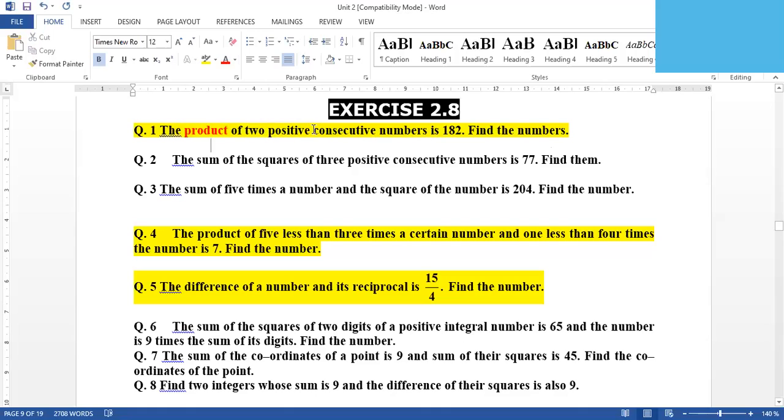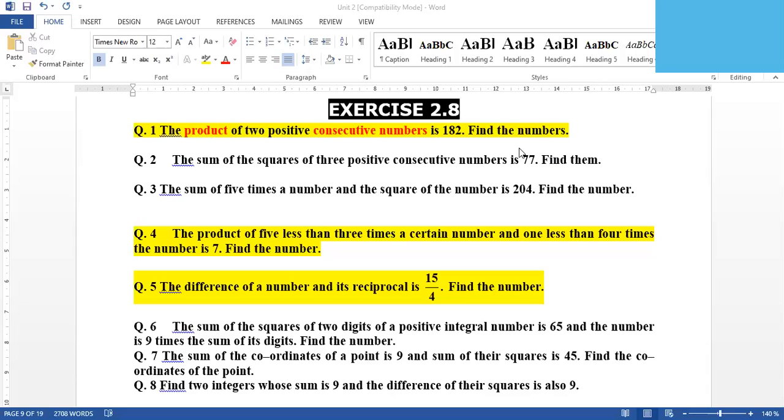Another important word is consecutive numbers, which also needs explanation. Then we will use it to form an equation, and once the equation is formed, we will be able to find the answers.